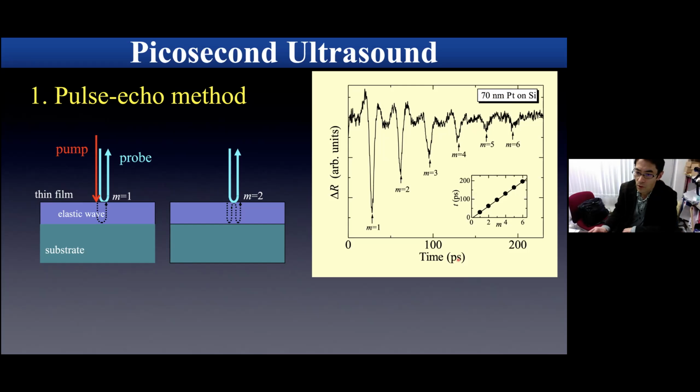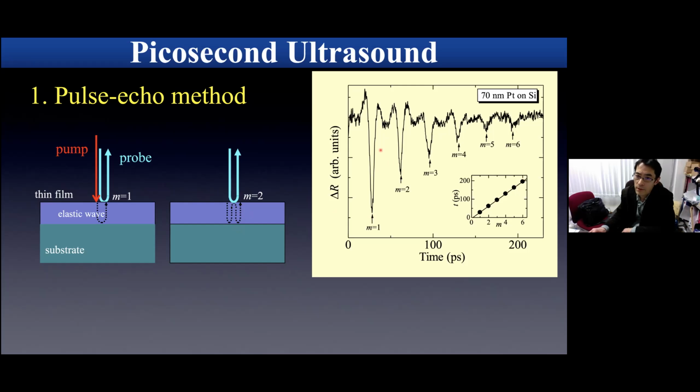The horizontal axis is time, and the unit is the picosecond, so that is a very, very short time. Even for such an ultra-fast phenomenon, it is possible to detect the pulse echoes clearly, so we can measure the round trip time and then the sound velocity propagating inside the thin film.